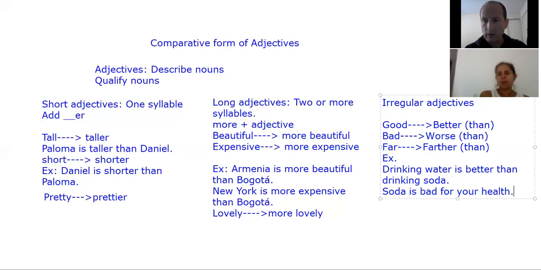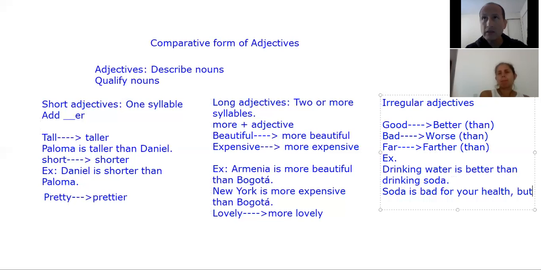Y en ese caso, para usar worse, entonces sería... Okay, bad. Let's say soda is bad for your health.